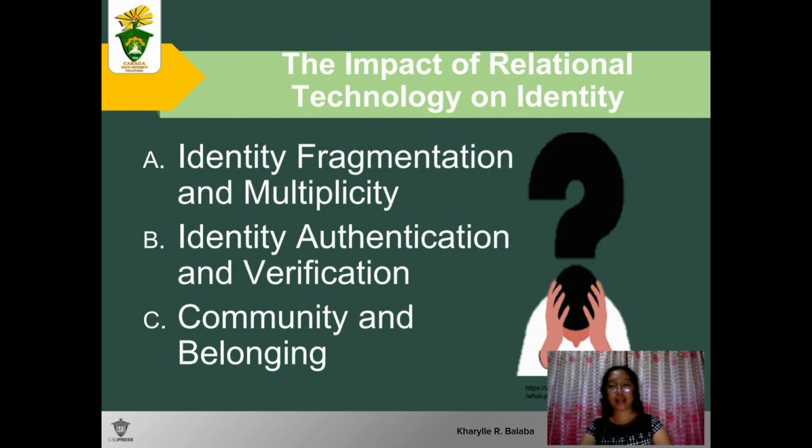Because we use different platforms like Facebook, Instagram, or Twitter, we often show different sides of ourselves. This can lead to what we call identity fragmentation, where our online selves don't always match up. It's called multiplicity, meaning we may have many versions of our identity across different spaces.